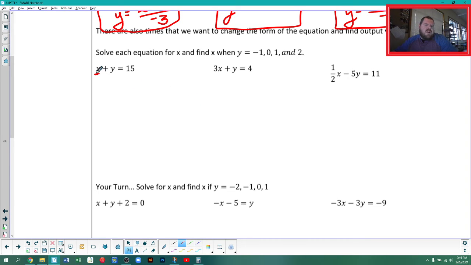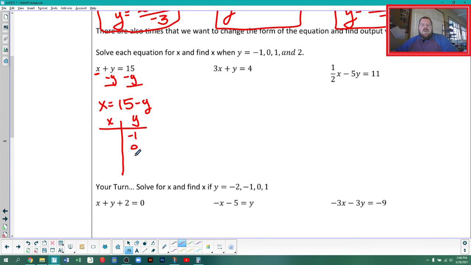We're going to solve these for x this time. So we're going to subtract y from both sides, minus y, bam, bam. X is going to equal 15 minus y. And we want to figure out what x equals when y is equal to -1, 0, 1, and 2.